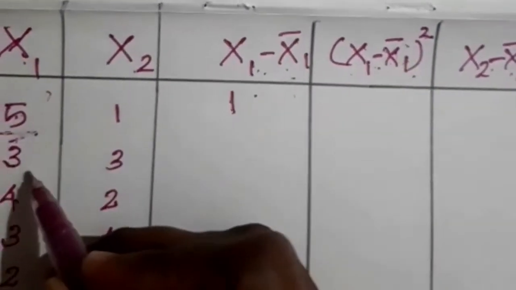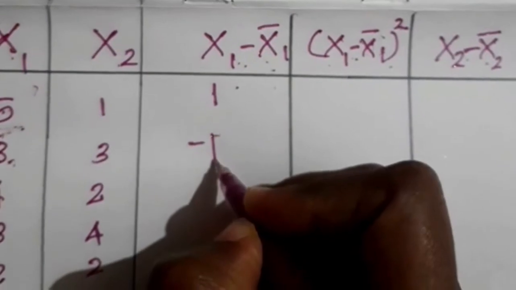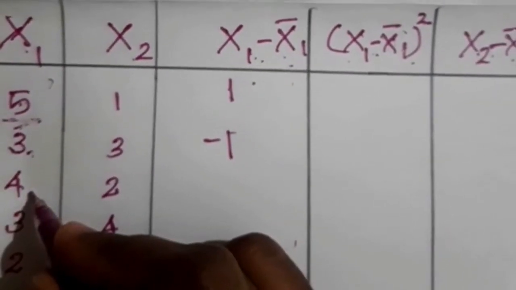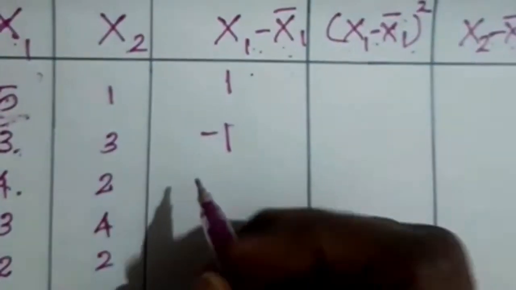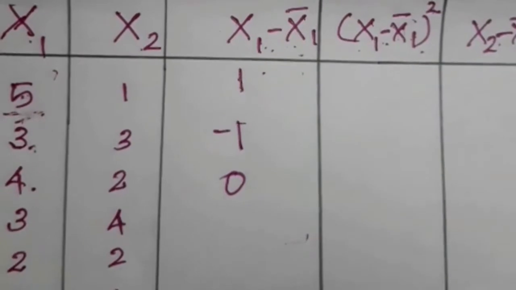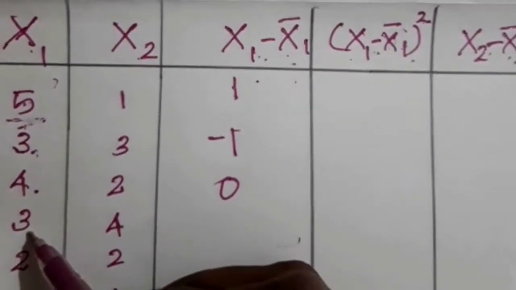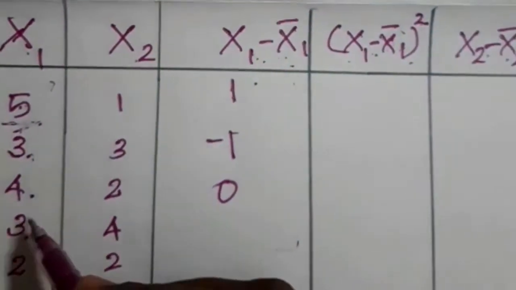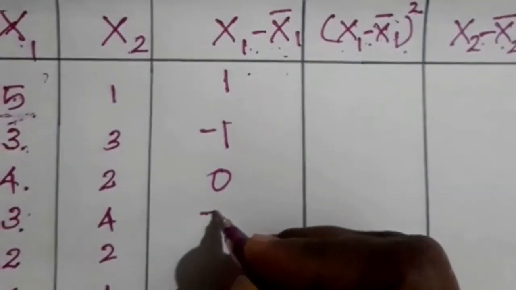Next x1 is 3 minus x1 bar 4, that is minus 1, and next x1 is 4 and x1 bar is also 4. So 4 minus 4 is 0. Okay, so in that way we have to make it. Then next x1 is 3 and x1 bar is 4. So here 3 minus 4 is minus 1.